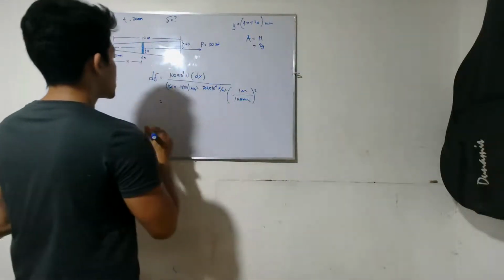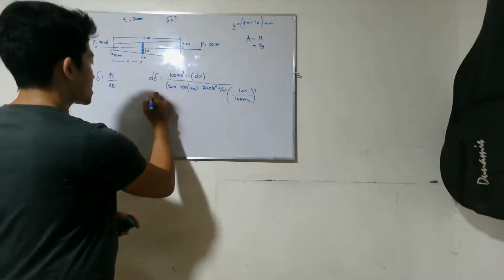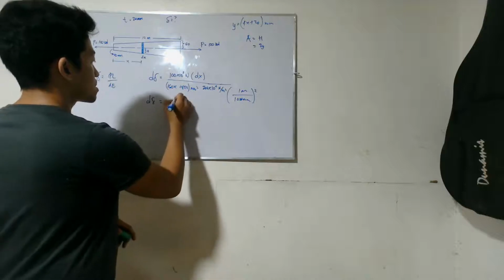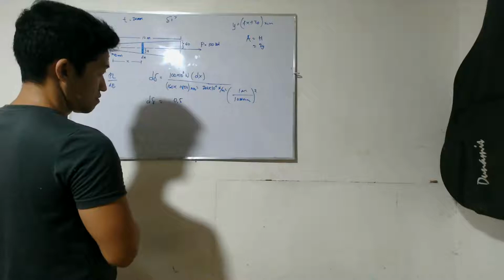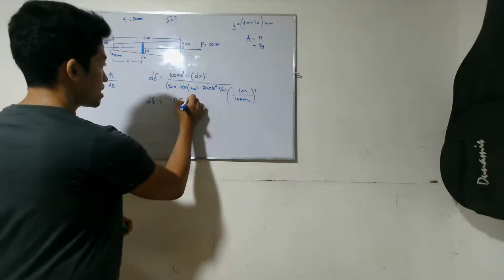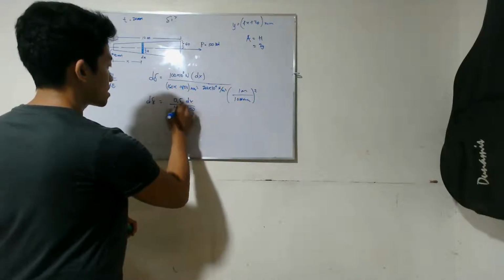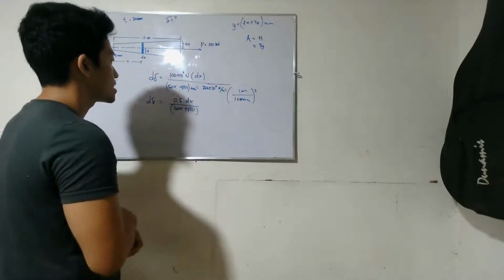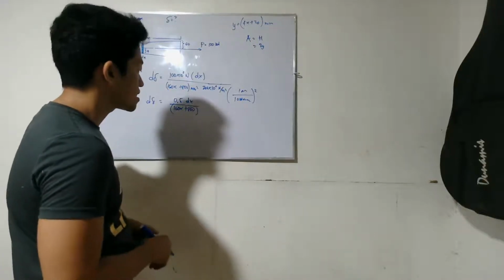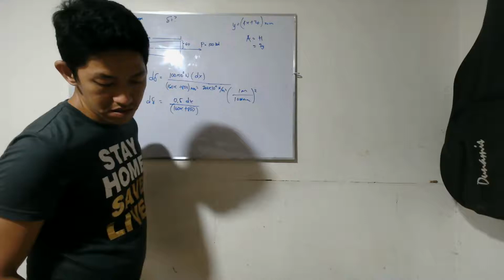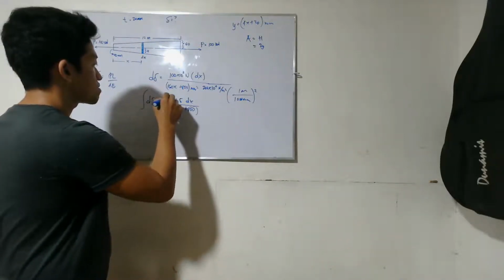So that cancels out here. What remains is 0.5 dx over 160x plus 800. The unit that remains is meter. So we integrate from 0 to 10.